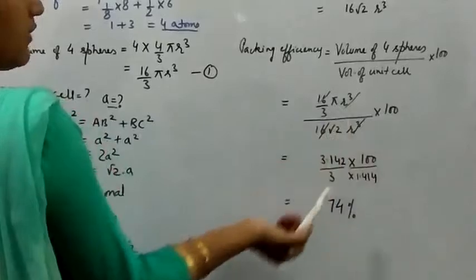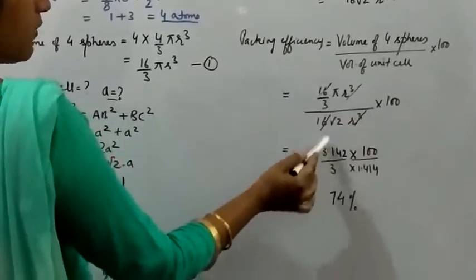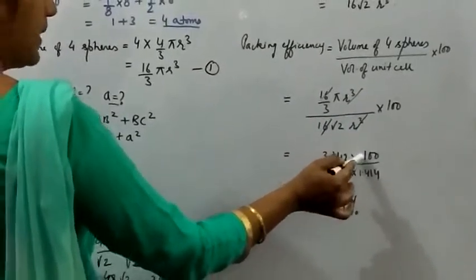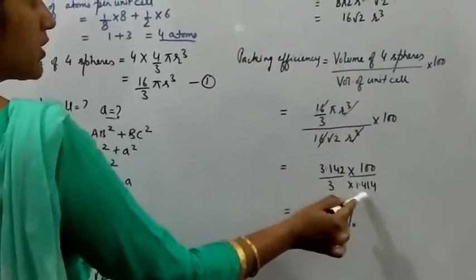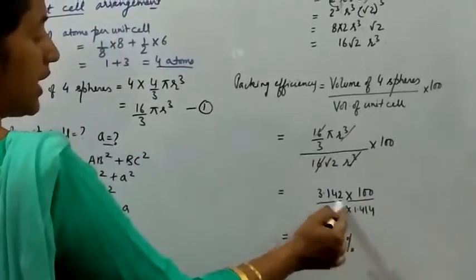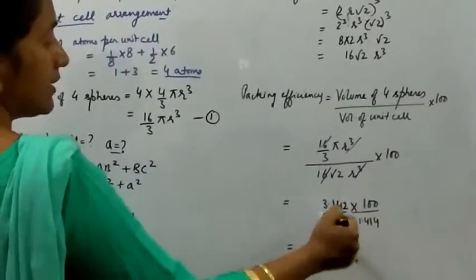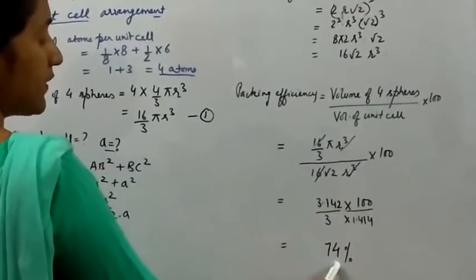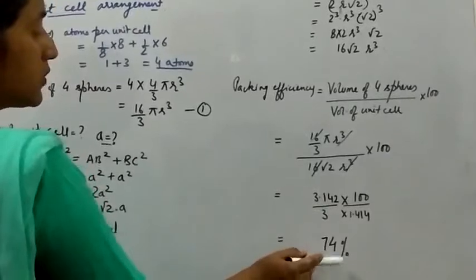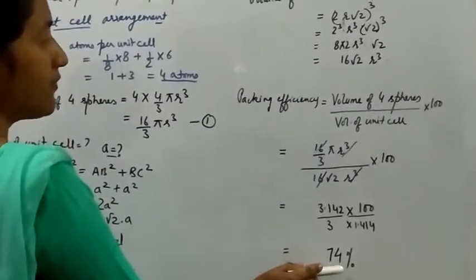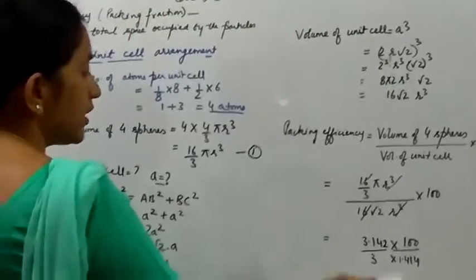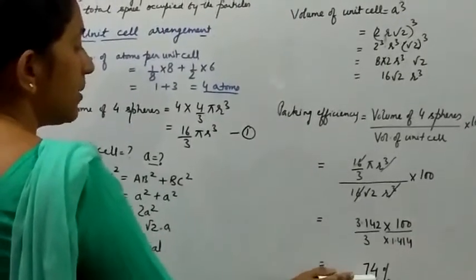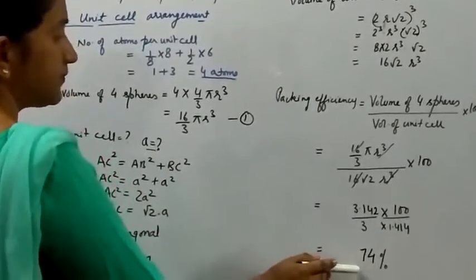So you can put either the value 22 upon 7 or the value of pi 3.142 into 100 upon 3 into root 2. Its value is 1.414, and just by cancelling it you will get the value 74%. So students, 74% is the packing efficiency of face centered cubic arrangement, which is the maximum packing efficiency.